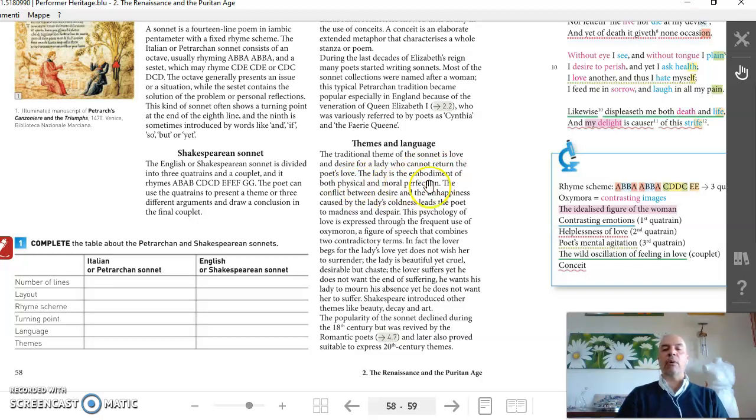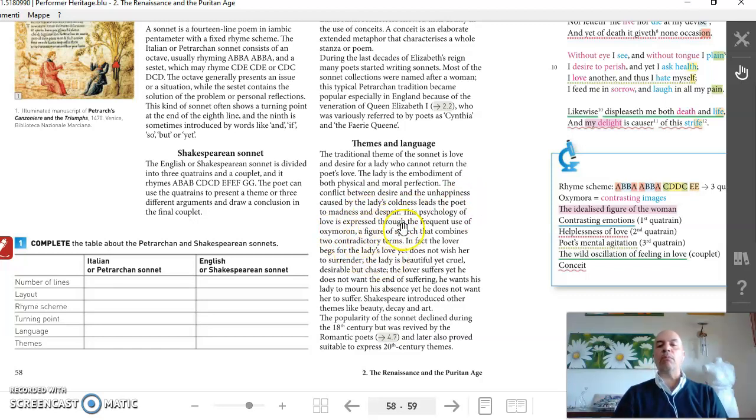The lady is the embodiment of perfection, both physical and moral. And there is a conflict, a contrast between the desire and the unhappiness caused by the lady's coldness.